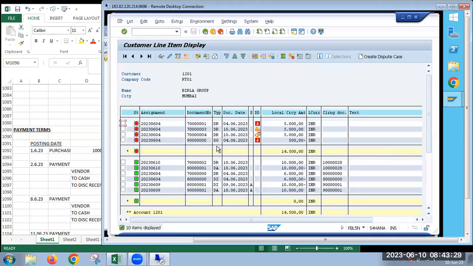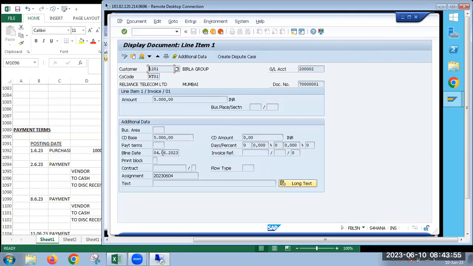You can take these 3 examples for invoices. This one is due, which means there is no due date specification, so the current day is the due date. They are supposed to get the payment today itself from the customer, so it's due today. And this one is overdue, which means 4th was the due date, so from the 5th onwards this amount is overdue.